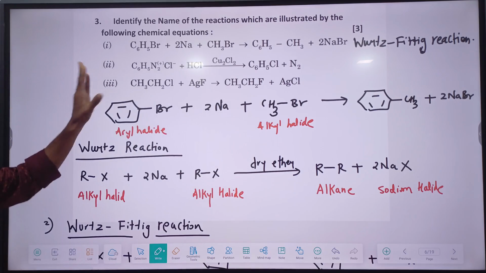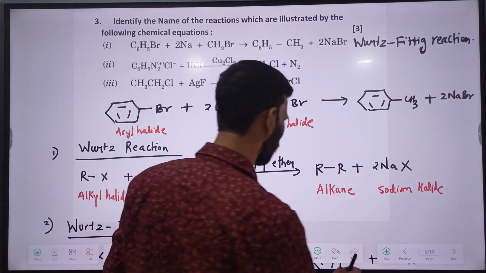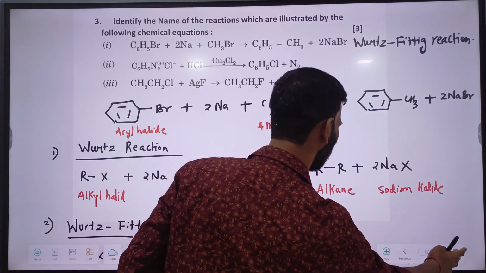So the first answer is Wurtz-Fittig reaction. Now over here, this is C6H5N2Cl. Let's understand this, right? The reaction is given this way.